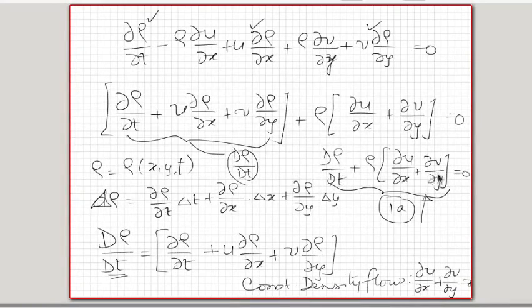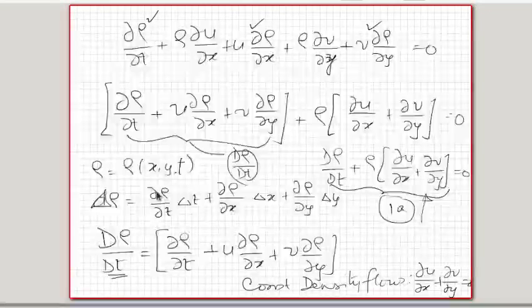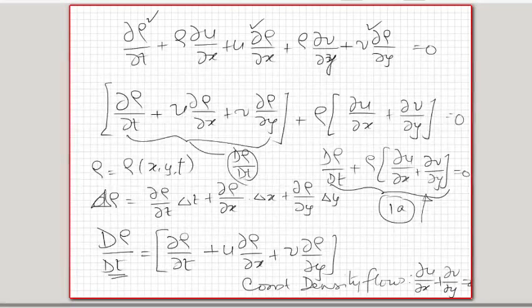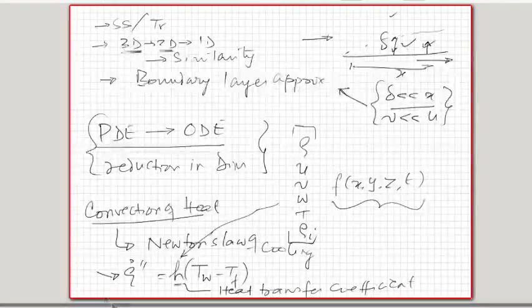That is what we showed here, and that is what we are now going to use in the last expression that we wrote.